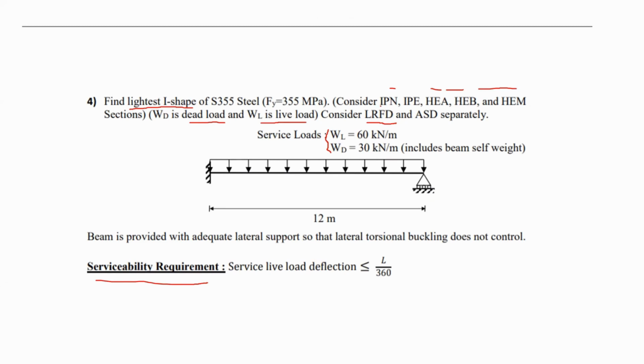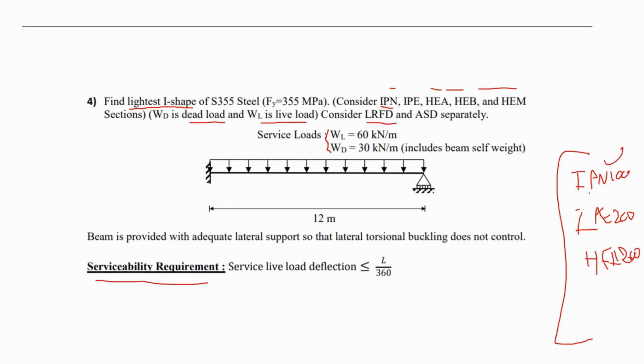So you're supposed to pick some sections from IPN, IPE, etc. If you had a collection of sections, like let's say IPN 100, IPE 200, maybe like this, HEA 800, as we found. Let's say that all of them actually satisfy the capacities in moment and shear, this one satisfies and that one satisfies. All of them satisfy.